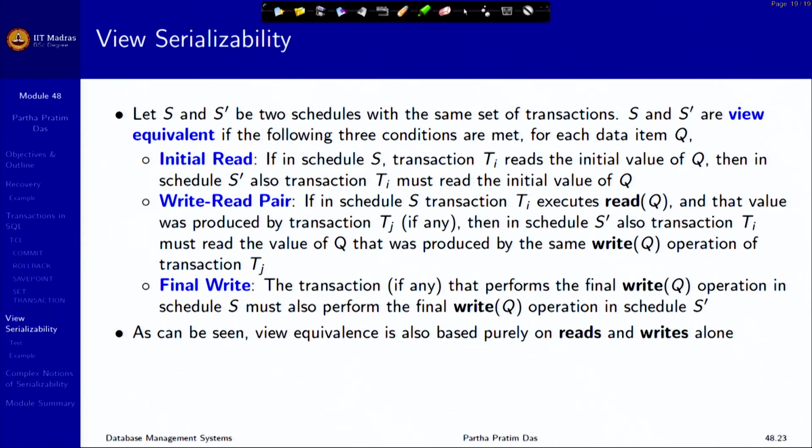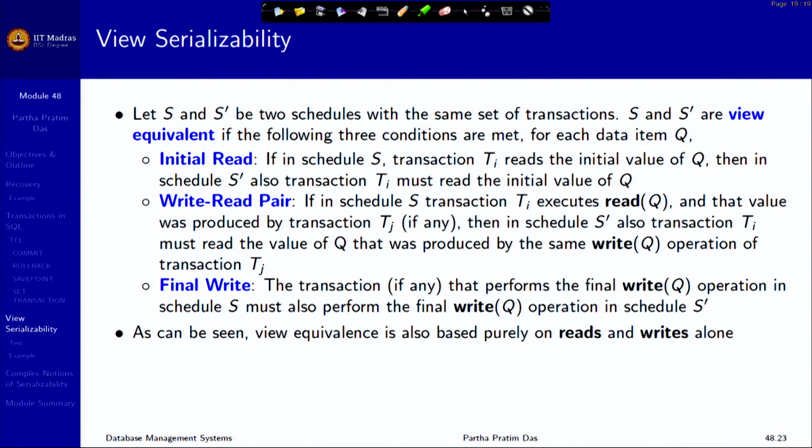If the precedence graph does not have a cycle, then it is conflict equivalent to a serial schedule, and it can be modified by repeatedly swapping consecutive statements to convert it into a serial schedule.